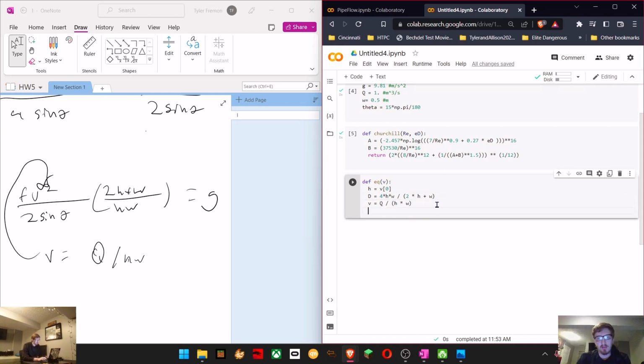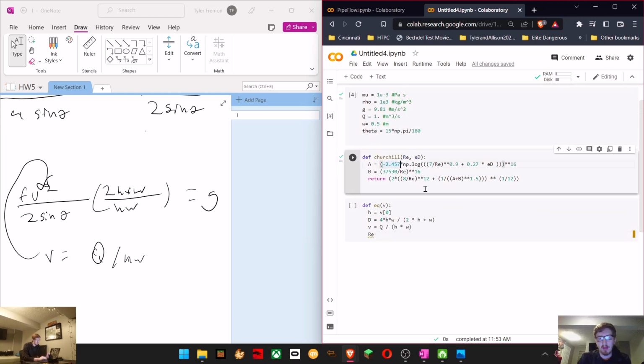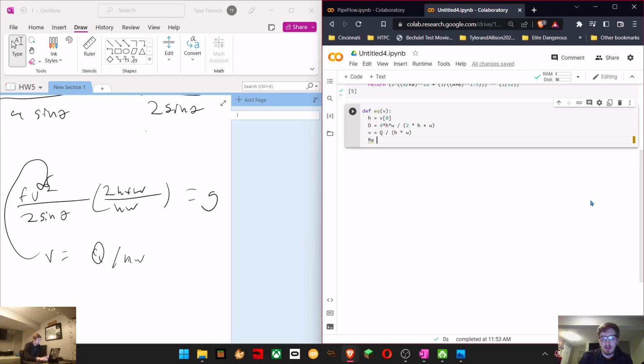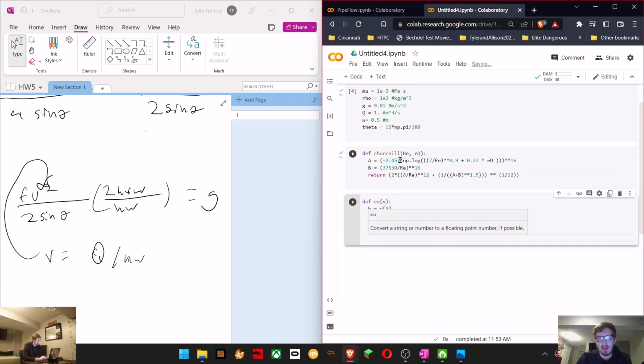Then we just need to calculate the Reynolds number so we can plug it into our Churchill equation up here. The Reynolds number will be rho times V times D divided by mu. Then we can plug that into our Churchill to solve for our Fanning friction factor.